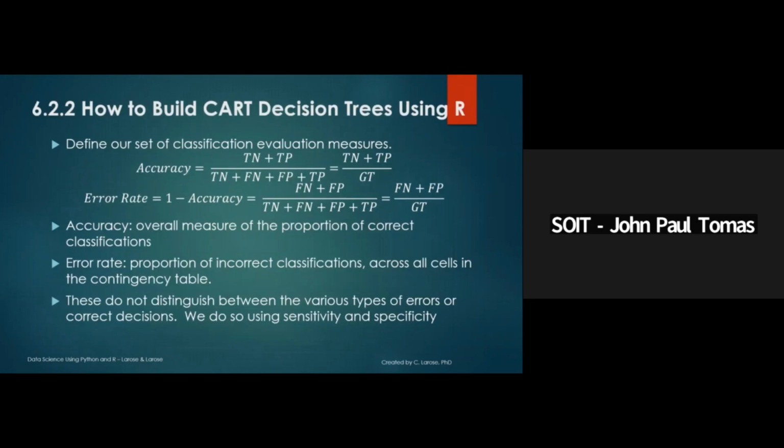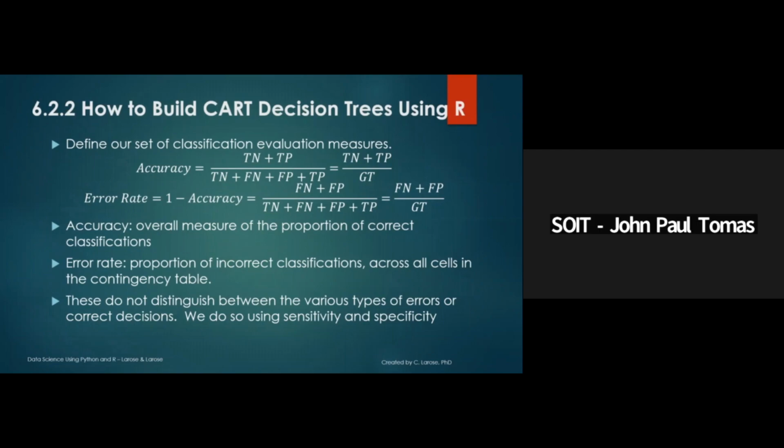By using the notation based on the previous table, we will be defining the set of classification evaluation measures. So the evaluation measures are the formulas that we're going to utilize so that we may be able to evaluate the model that we'll be creating later on.